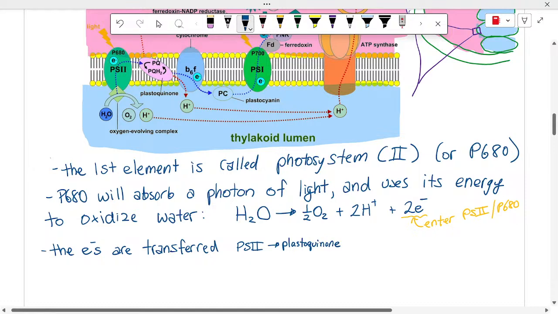Now, again, you don't need to know the specifics of this, but plastoquinone, where is it found? Inside the phospholipid bilayer, specifically in the actual lipid portion of it. Would it be hydrophilic or hydrophobic?